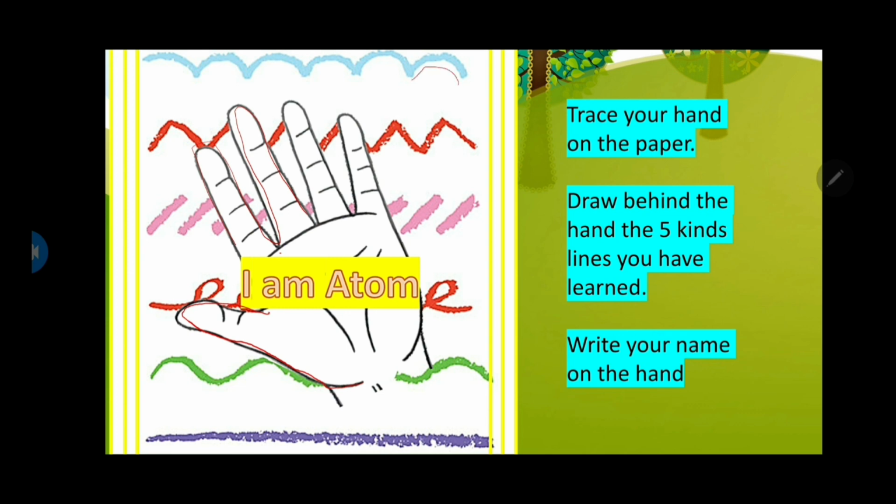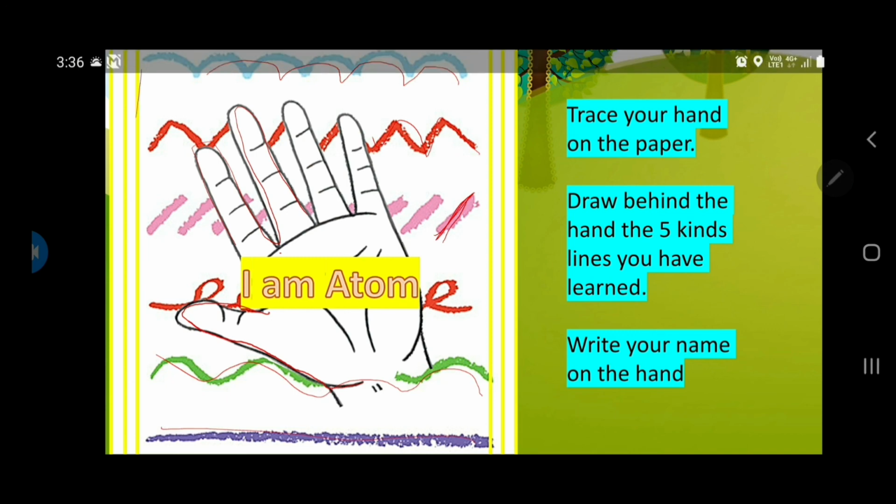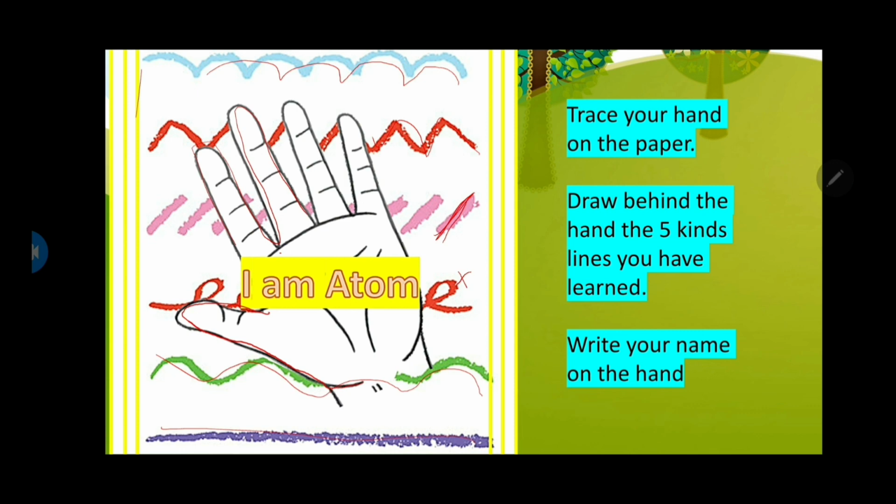So we have wavy curved line, bent lines, slanted lines, straight lines. Just show the 5: straight line, curved line, bent line, slanted lines, and wavy curved lines.